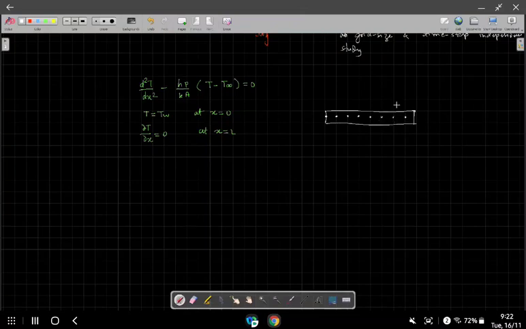So we'll divide this into n plus 1 number of points, starting from 1. Say this is 1 point, second point, the last point is n plus 1, and before that it is n point, n minus 1, like that. And we can designate them as I plus 1, and I minus 1 in a general notation.